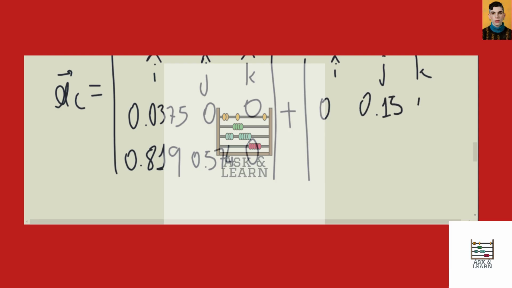This is the angular velocity. And this is the linear velocity as calculated before.